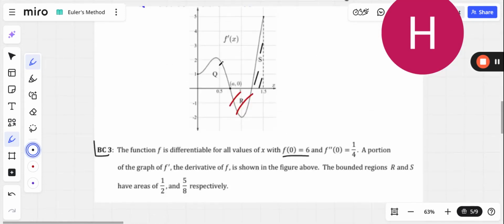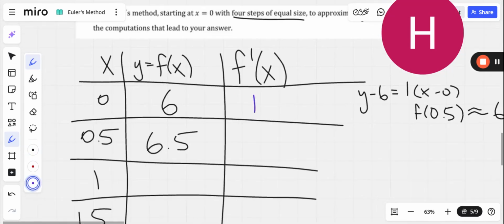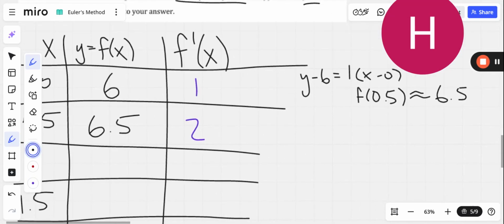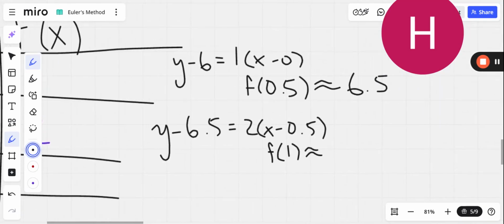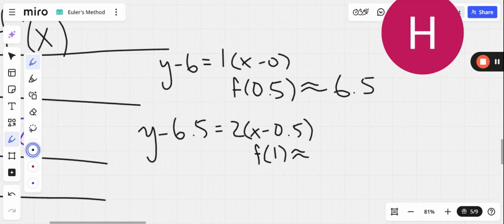So the value at 0.5 looks to be 2. So we're going to use a slope of 2, and we're going to write a new equation of tangent line. Y minus 6.5 equals 2 times x minus 0.5. And so we say that f of 1 is approximately 2 times 1 minus 0.5. That's just 0.5. So we should expect these steps to be 0.5 every time. That is the step size.